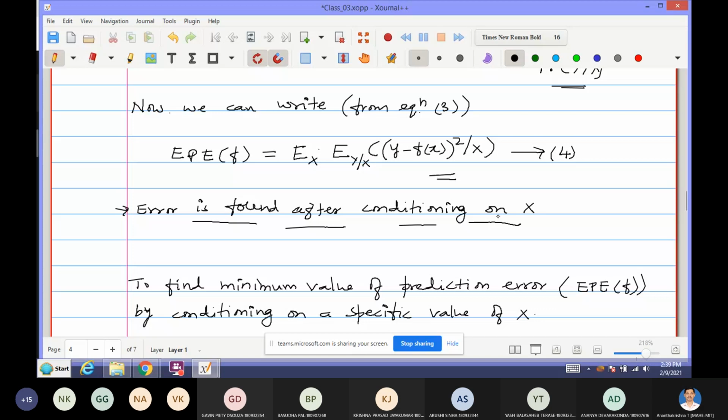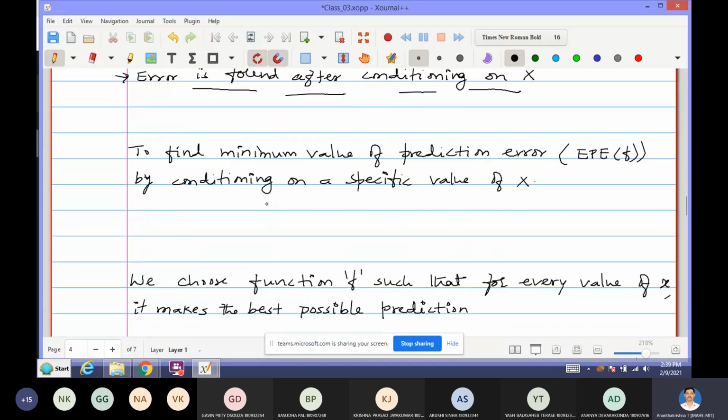Now, as I mentioned earlier, to find the minimum value of the prediction error by conditioning on a specific value of x, we have to find out the function f. Okay, our objective is to choose a function f by minimizing the EPE by conditioning on a specific value of x.